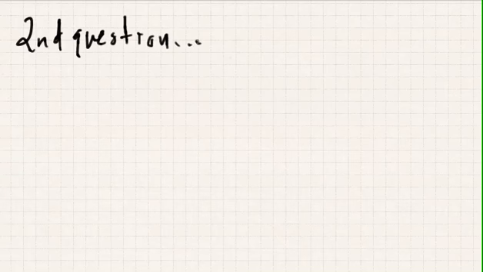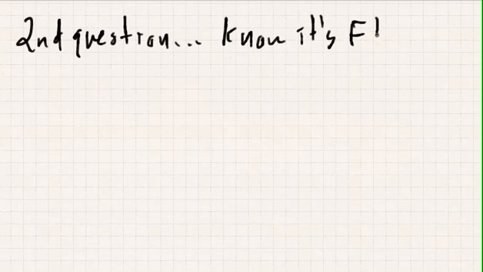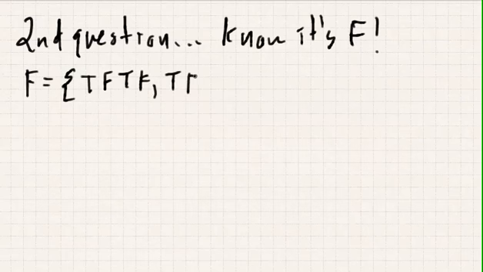But let's suppose that you go to the second question and you know it's false. Great, so you have got a leg up. But let's go back to the first question. Now, let F be the event that the second question is false. So the possibilities are true, false, true, false; true, false, false, true; and false, false, true, true.